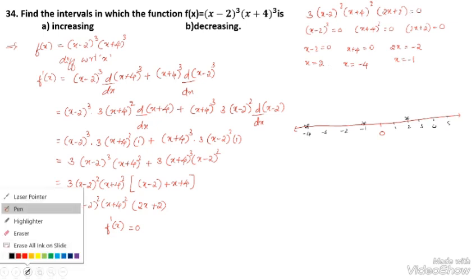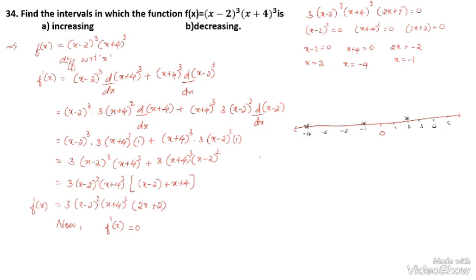Now I can write the intervals here. The function is increasing in the interval where both have the negative sign, that is minus 4 and minus 1.